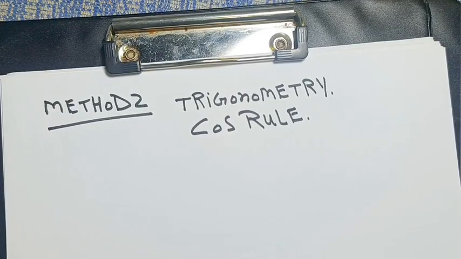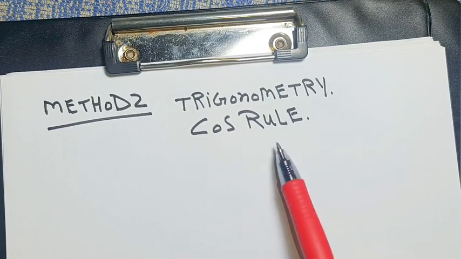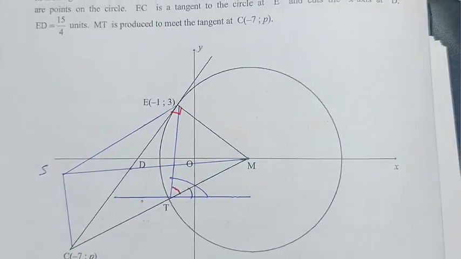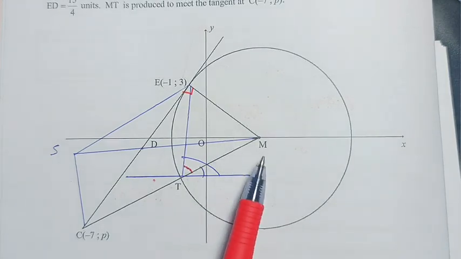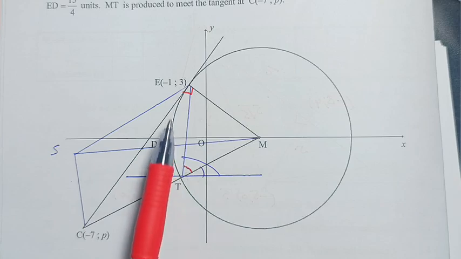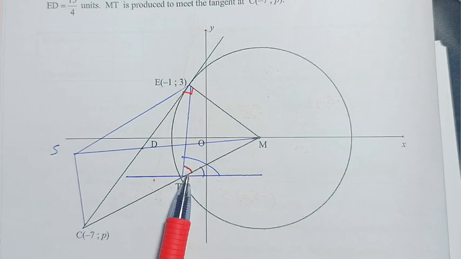Second method, I can use the trigonometry cosine rule. I can apply the cosine rule here because EM is a radius which is 5, MT is a radius which is 5. I need to find the length of ET, then I can find the angle T. I can apply the cosine rule.